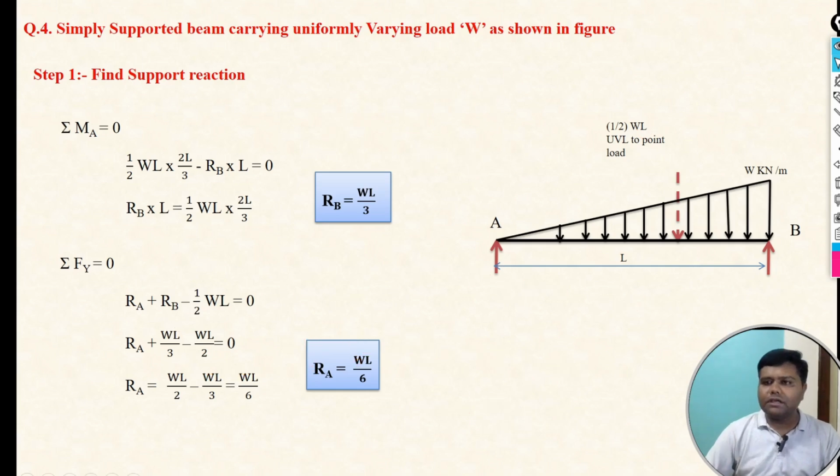So we got the support reactions: at A point it is WL by 6, and at B point it is WL by 3.